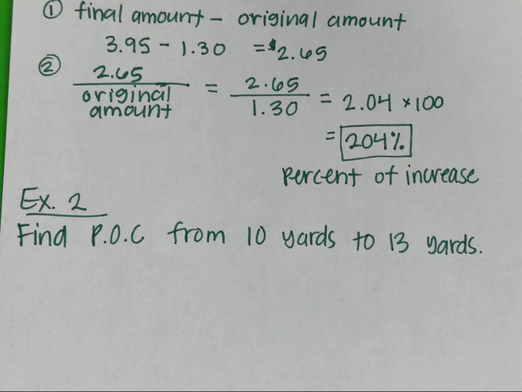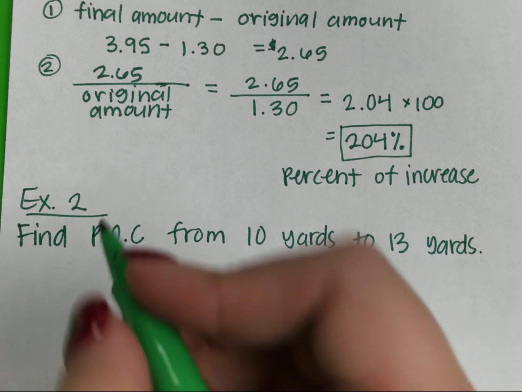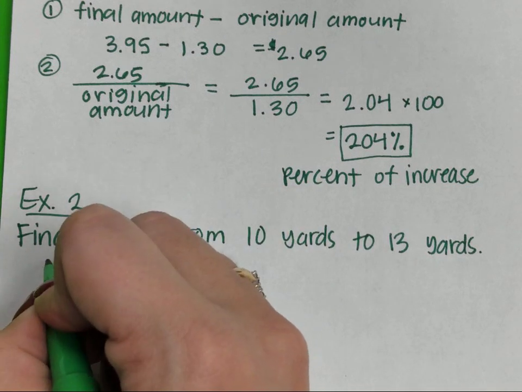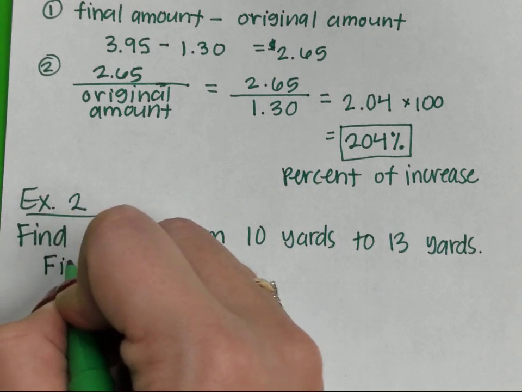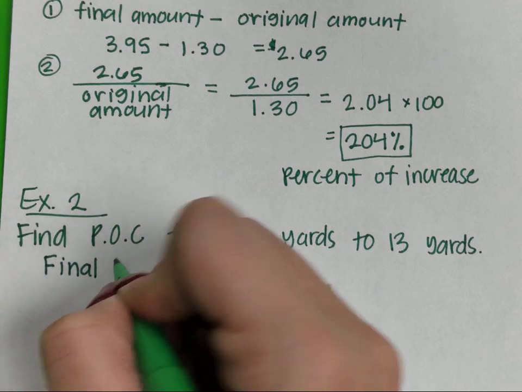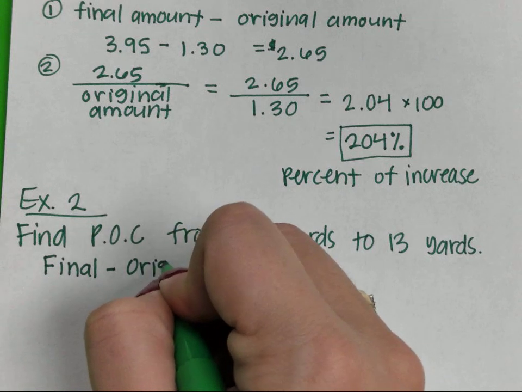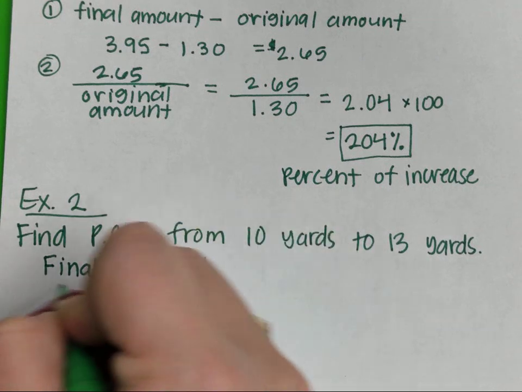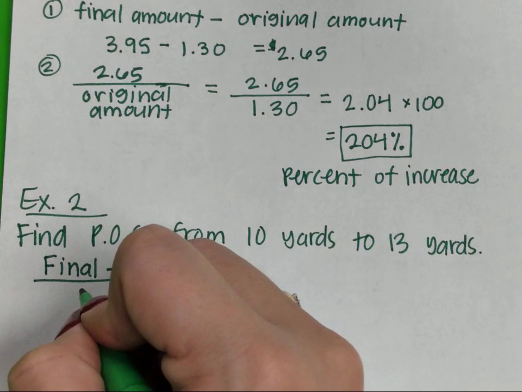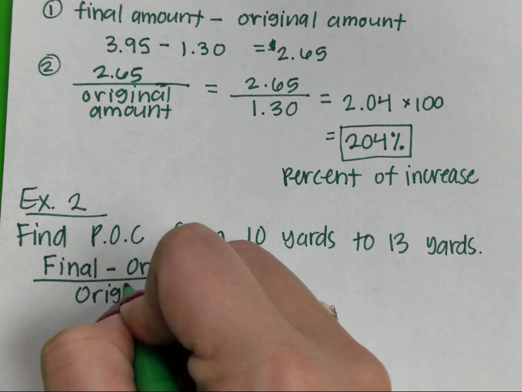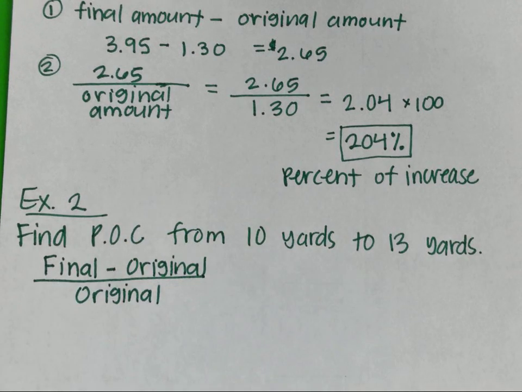So we're going to kind of combine everything in one step now. So our original formula is final amount, I'm just going to say final, minus the original amount, all over what? The original. Okay. So final amount minus original amount, all over the original amount.